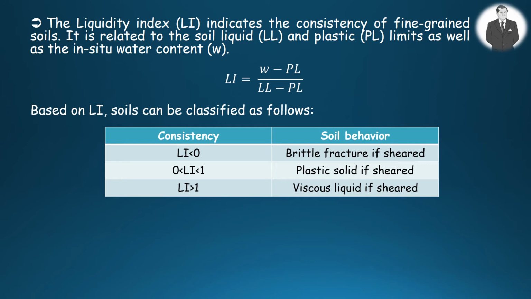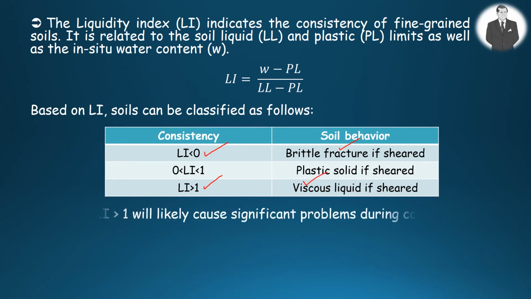For example, if the liquidity index is less than 0, when the soil is sheared, it will show brittle fracture. However, if the liquidity index is greater than 1, when the soil is sheared, it will behave as a viscous liquid. Soils with liquidity index greater than 1 will probably cause significant problems during construction.